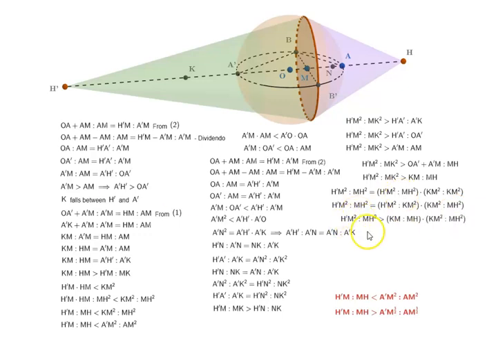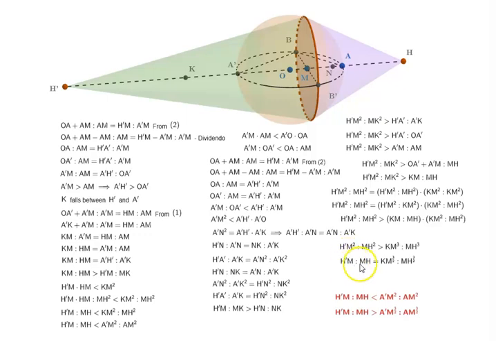That means H'm square is to mH square is greater than km is to mH times km square is to mH square, because here we have H'm square is to mk square is greater than km is to mH. So by substituting this, we are making it an inequality. So H'm square is to mH square is greater than km cube is to mH cube.